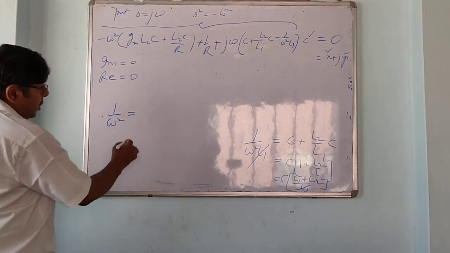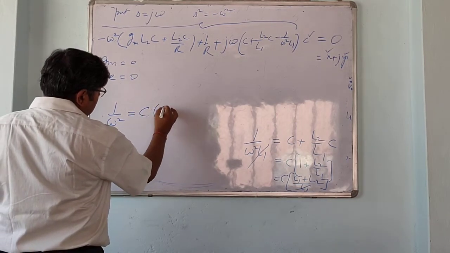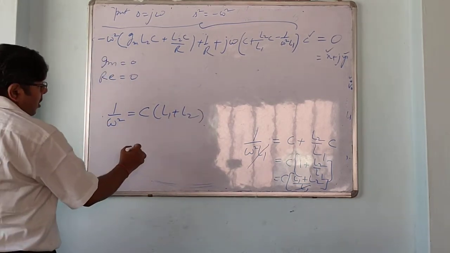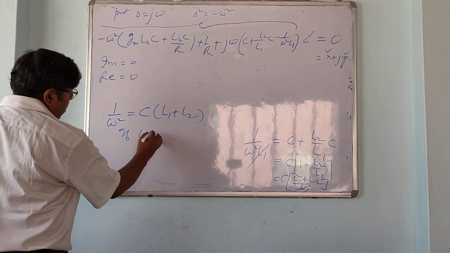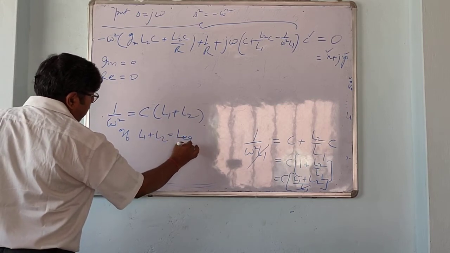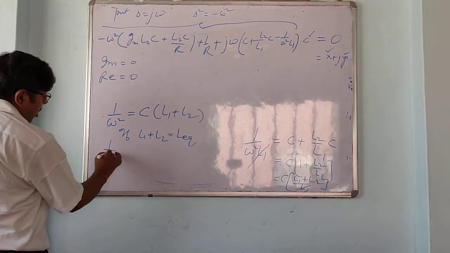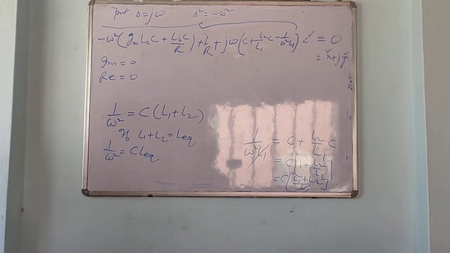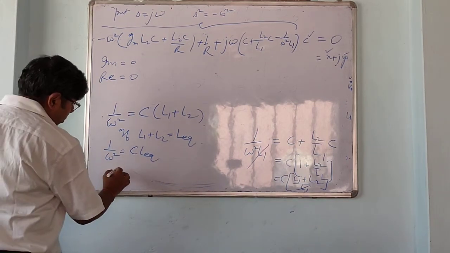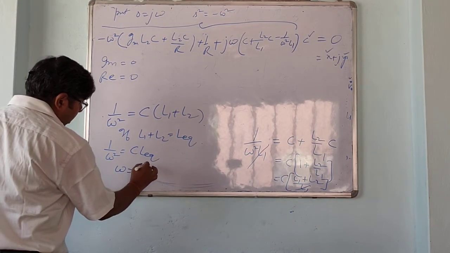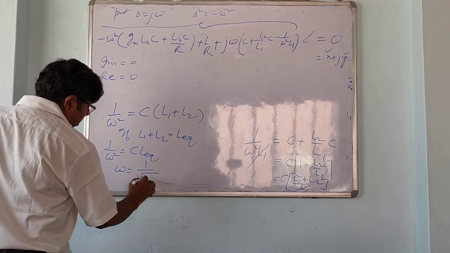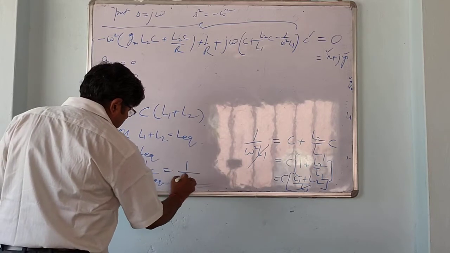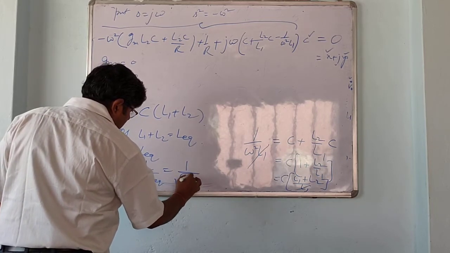So 1 upon omega square equals C into L1 plus L2. Or assume these two inductors are given by an equivalent, then you can write 1 upon omega square equals C L equivalent. And from here you can find omega equals 1 upon root of C L equivalent, or 1 upon root of C into L1 plus L2.